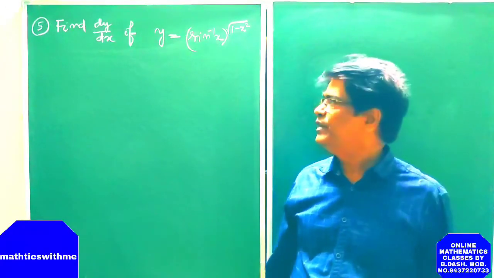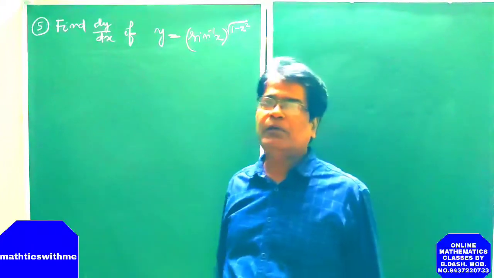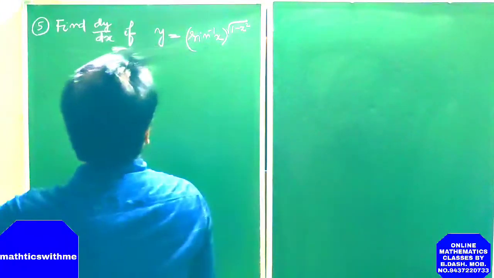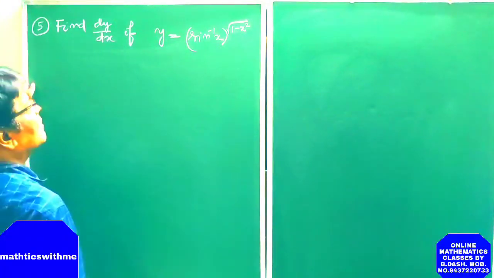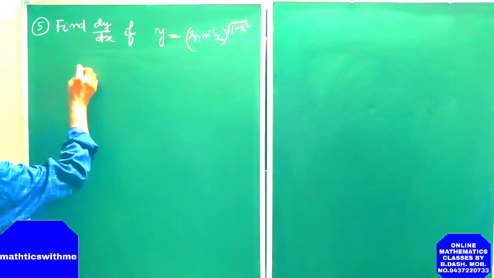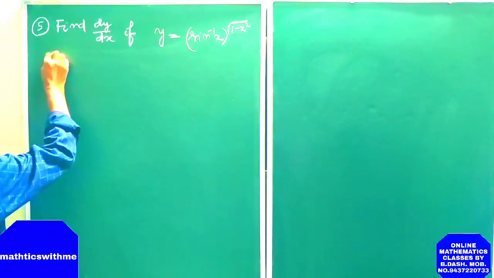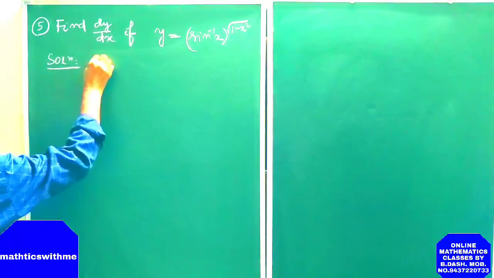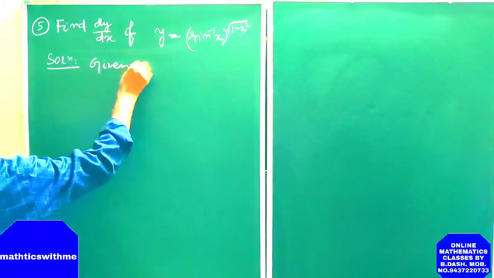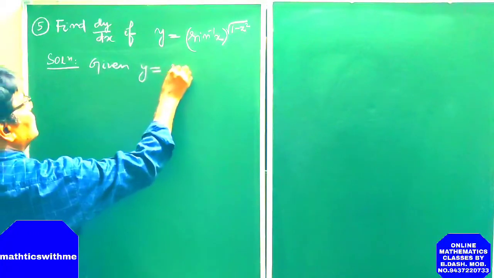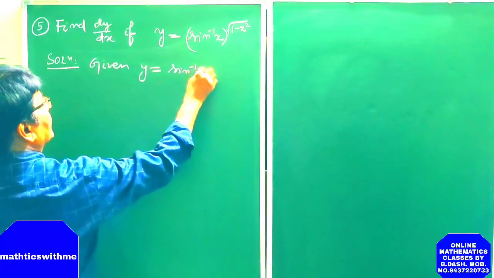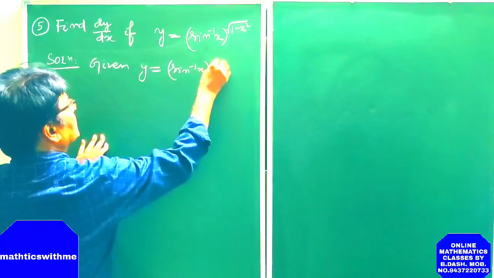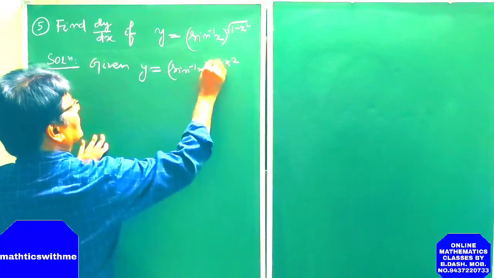Our next question is: find dy by dx if y is equal to sine inverse x to the power root over 1 minus x square. Now solution. Given y is equal to sine inverse x to the power root over 1 minus x square.